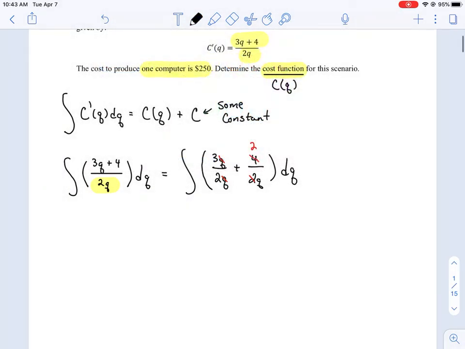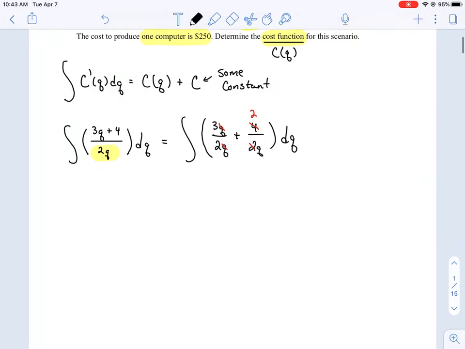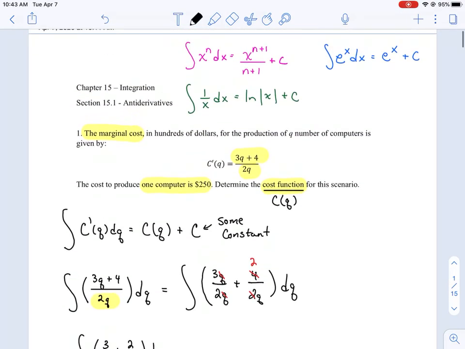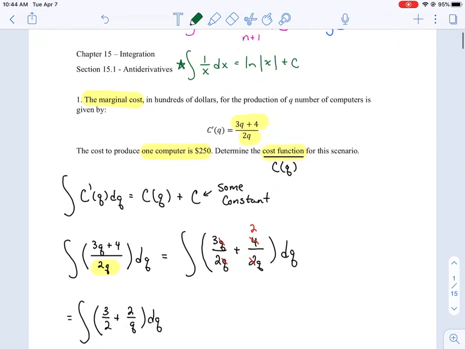So we can rewrite the marginal cost function as 3/2 plus 2 divided by Q. Okay, now we can apply the form in green to the marginal cost function.